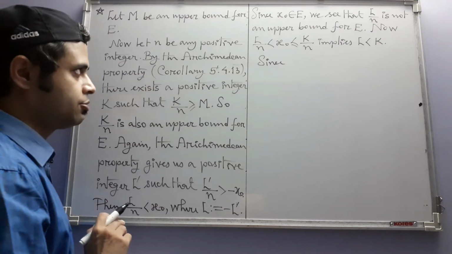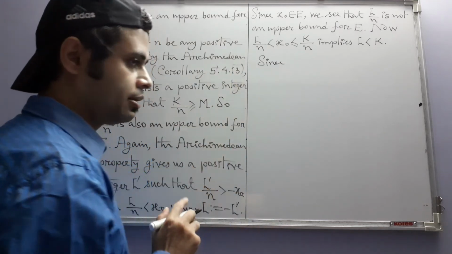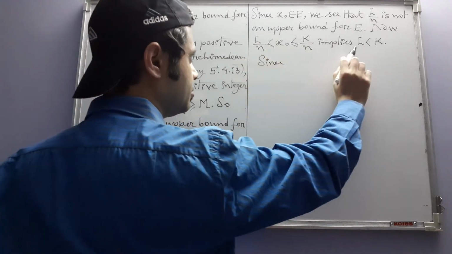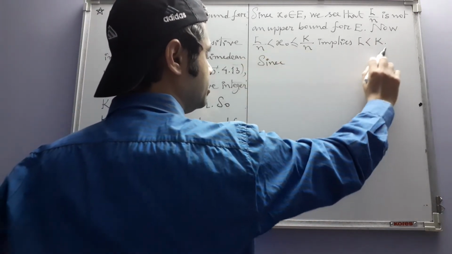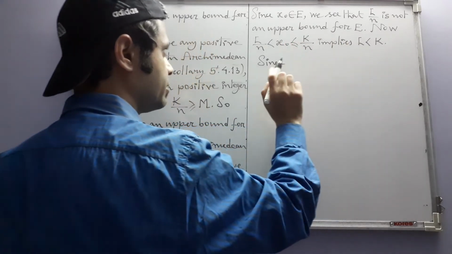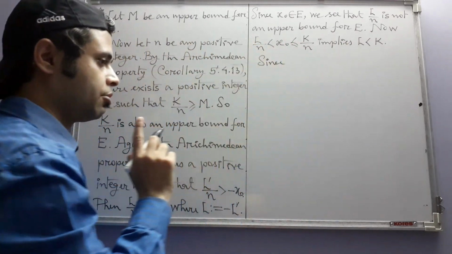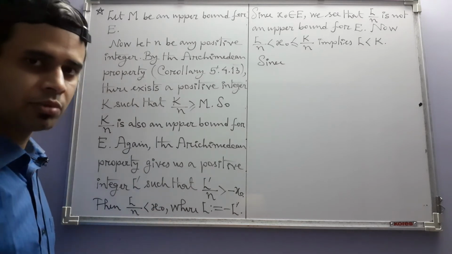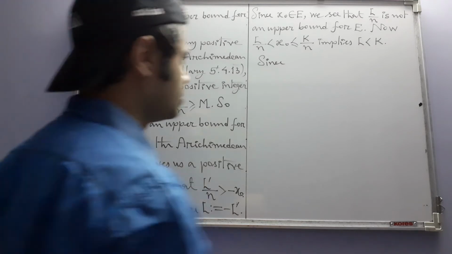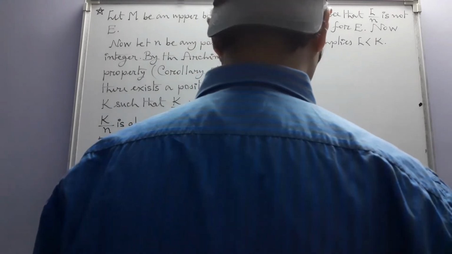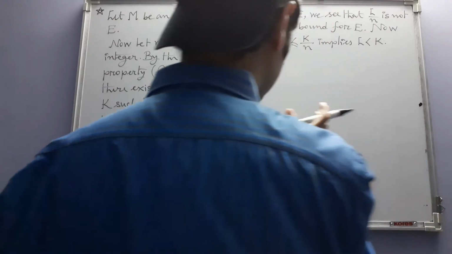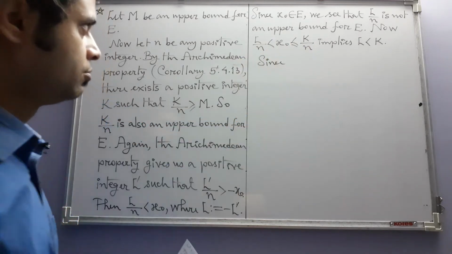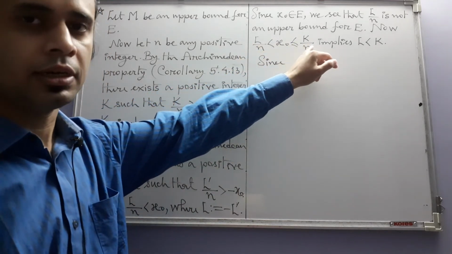For such a choice, we have found that we can find integers k and L which are related to each other like this, and such that L by n is not an upper bound for E, but k by n is an upper bound for E. So from these two things we can find a sort of boundary of these two integers.